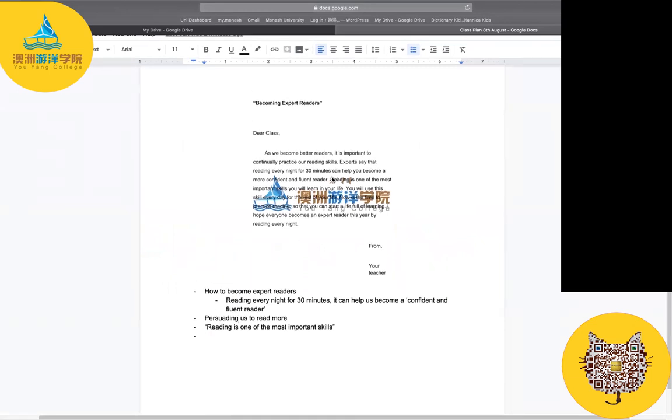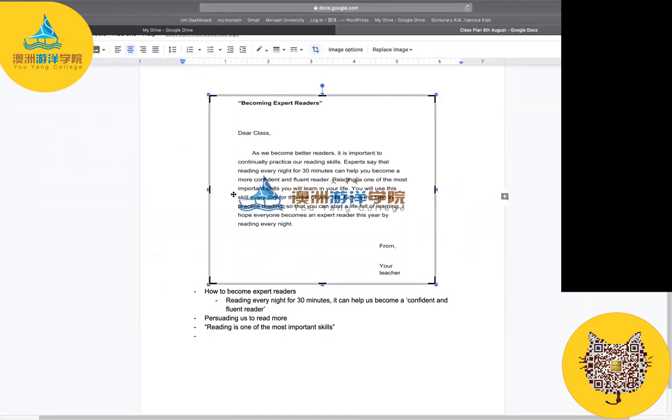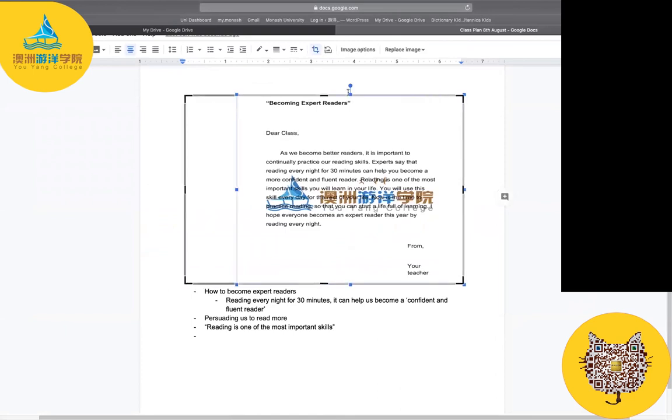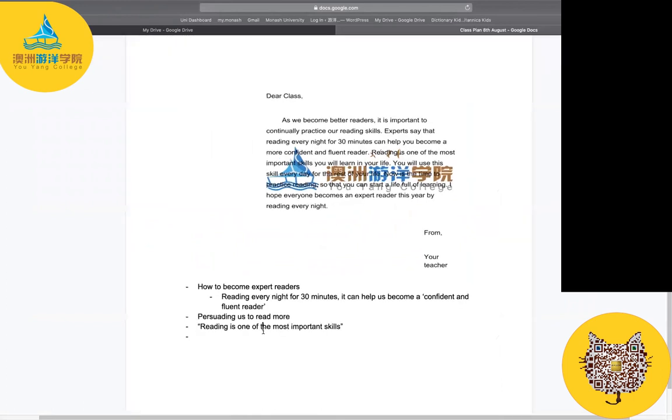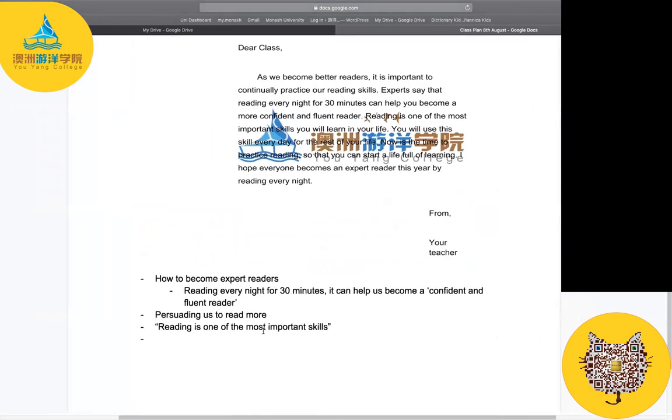Bring it closer so I can see. You will use this skill every day for the rest of your life. Yeah, that's a very, very important point.